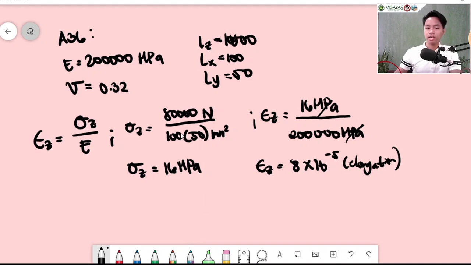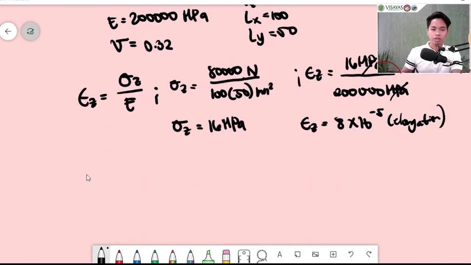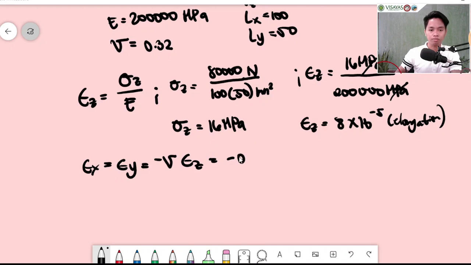So, if we already have the strain, we can solve the value of our strain at X. That would be equal to the strain at Y, which is equivalent to negative Poisson's ratio times the strain at Z, which is negative 0.32 multiplied by your EZ, which is 8 times 10 to the negative 5.